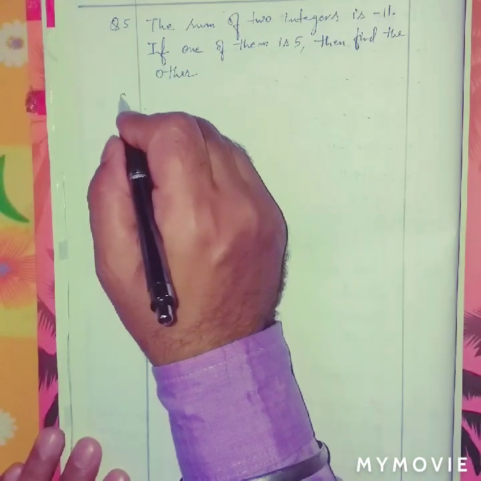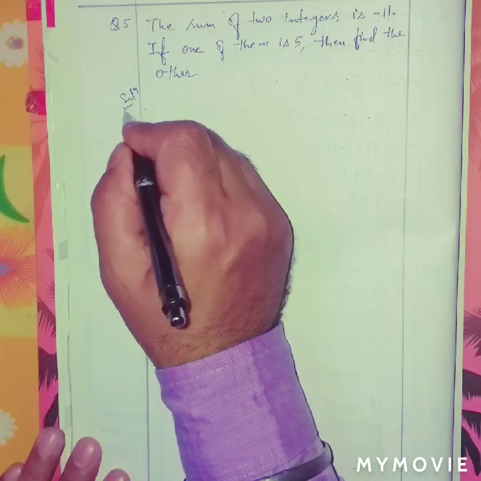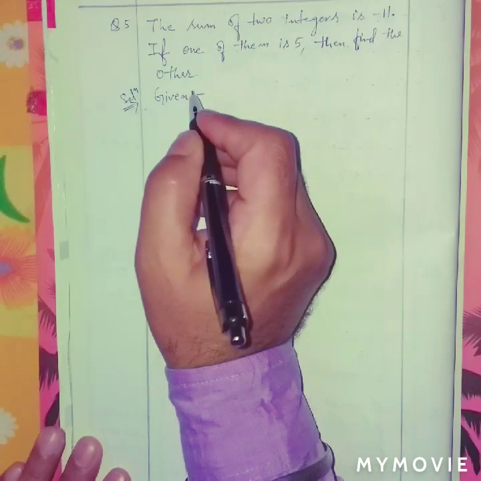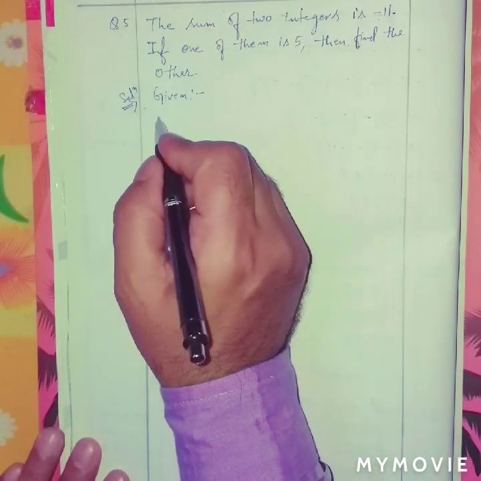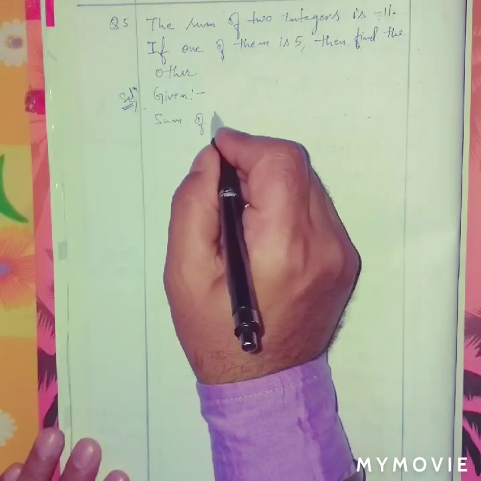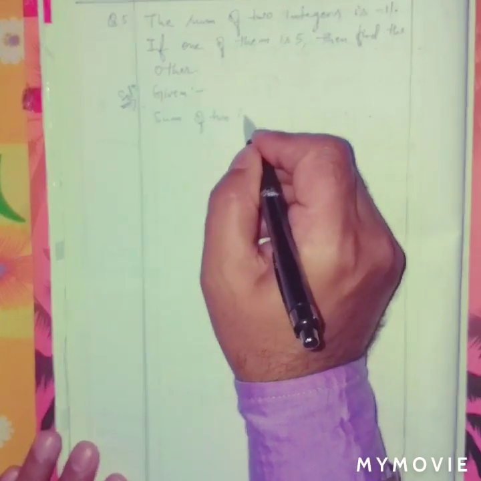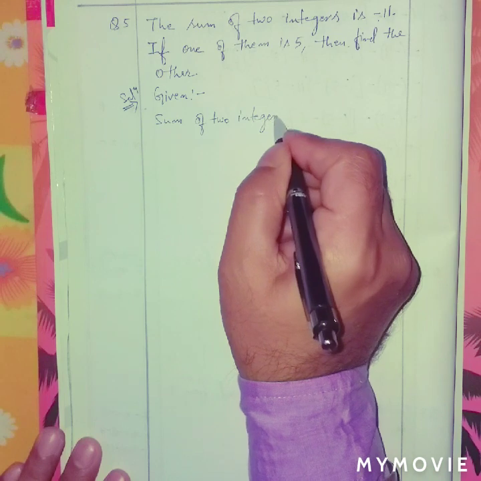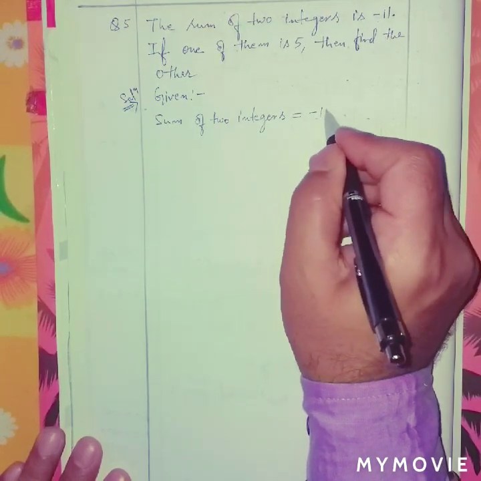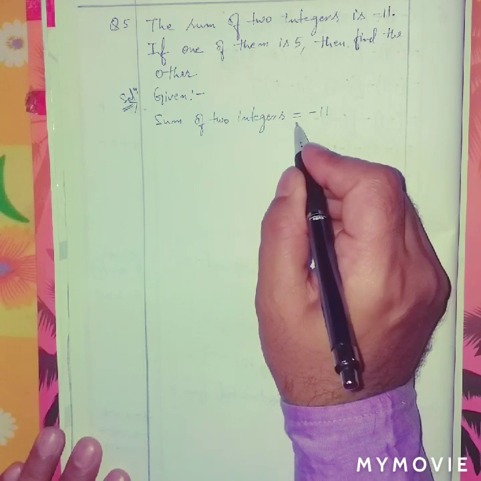So let us first write the given things to understand the sum easily. From the question, it's given the sum of two integers is minus 11. We are using an equal to sign in place of is.